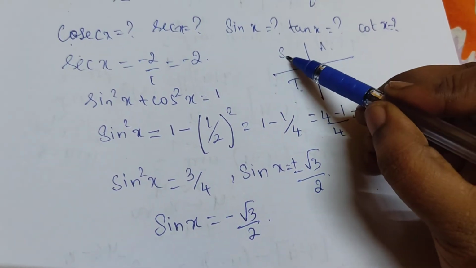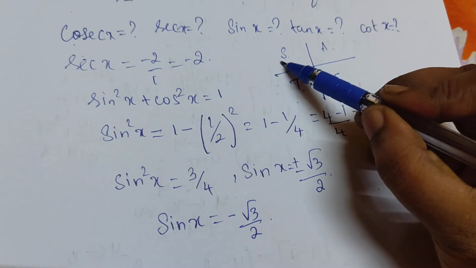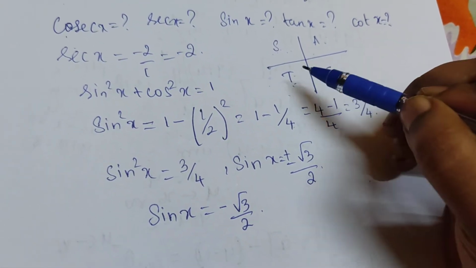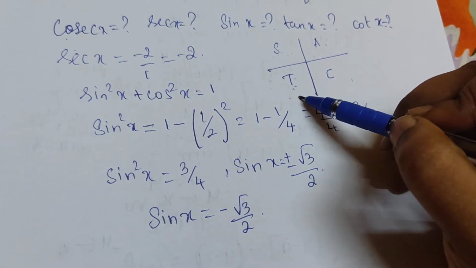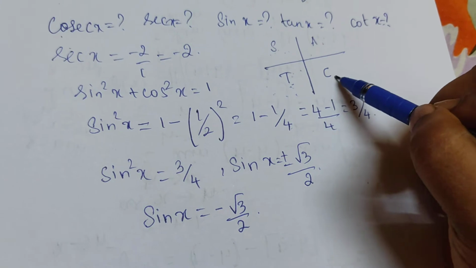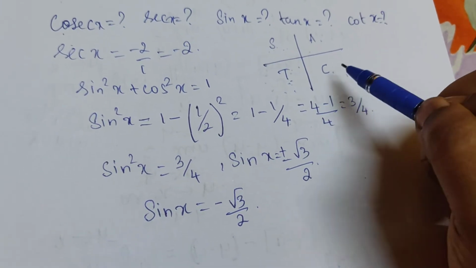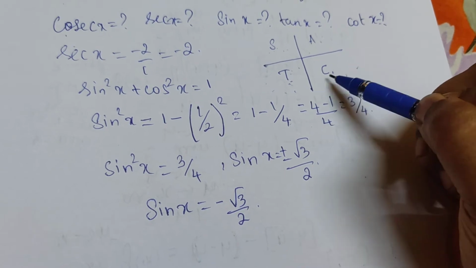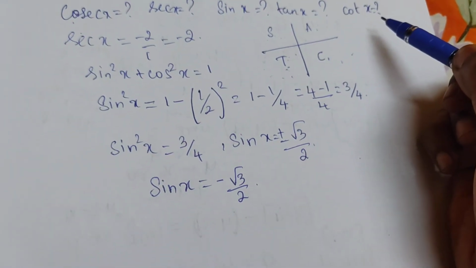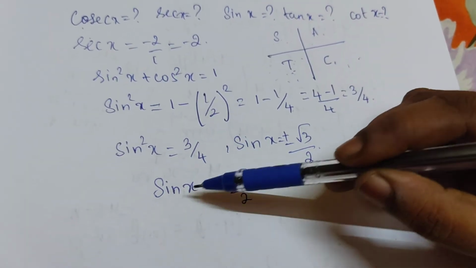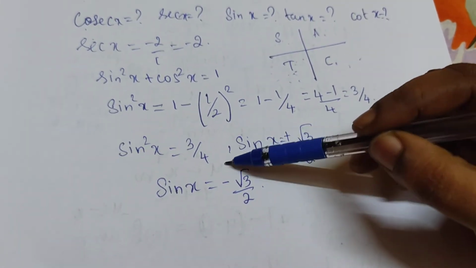In the second quadrant, sine and its inverse, cosecant, are positive. In the third quadrant, tan and its inverse cot are positive, and the remaining are negative. Finally, in the fourth quadrant, cos and its inverse secant are positive, and the rest are negative.